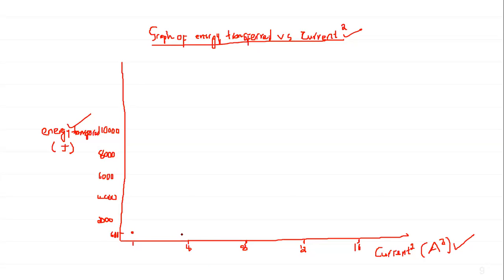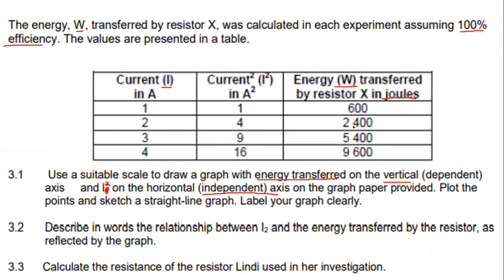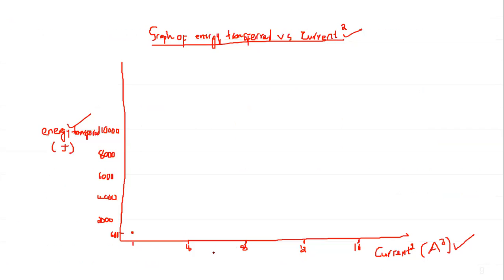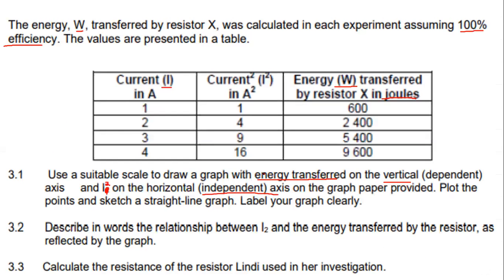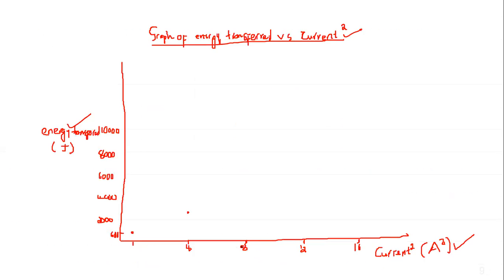And then the next point, it's 4 and 2,400. So I have 4, there I have 2,000. Remember, each line represents 200. So to get to 2,400, I'll go to the first line, which will be 2.2, the next line, which will be 2.4. So it will be somewhere there altogether. Then the next one, it's 9 and 5,400. So to get to 9, remember for this one, each line is 0.4.